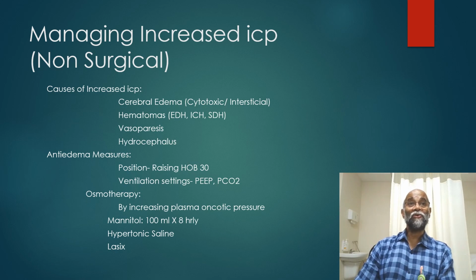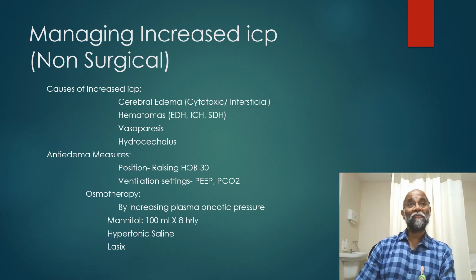Ventilatory settings also play a role. A higher PEEP would mean increased intrathoracic pressure and decreased venous drainage from the cranium. PCO2 maintenance is important because a higher PCO2 will result in vasodilatation, which will result in an increase in intracranial volume.